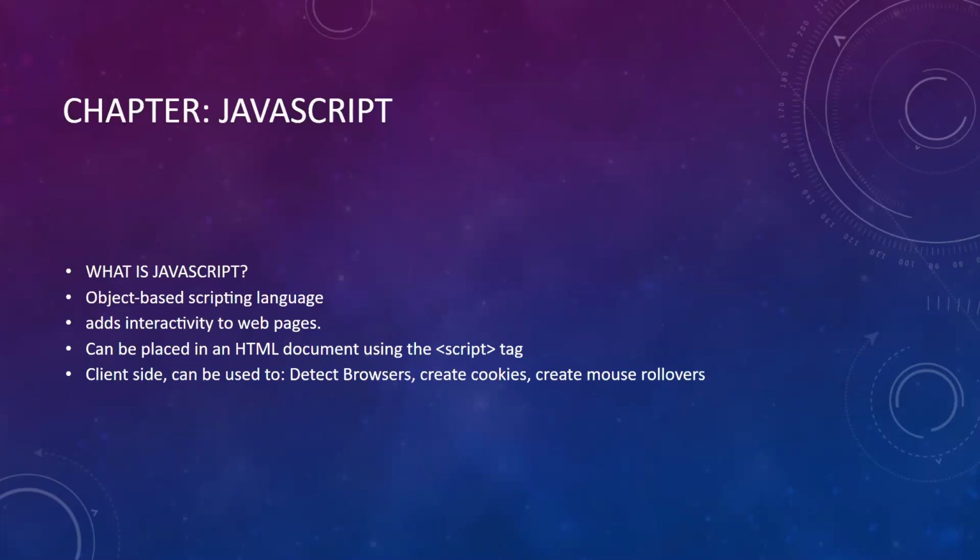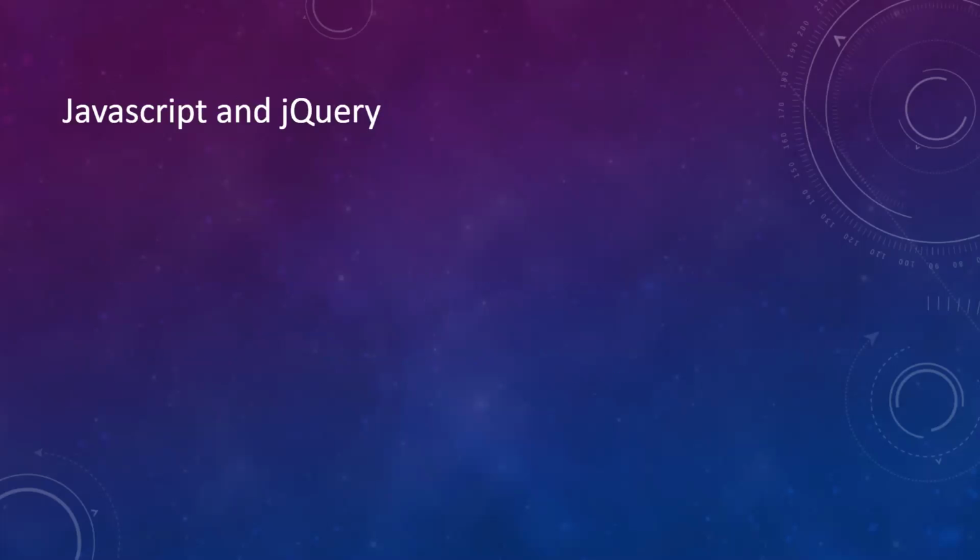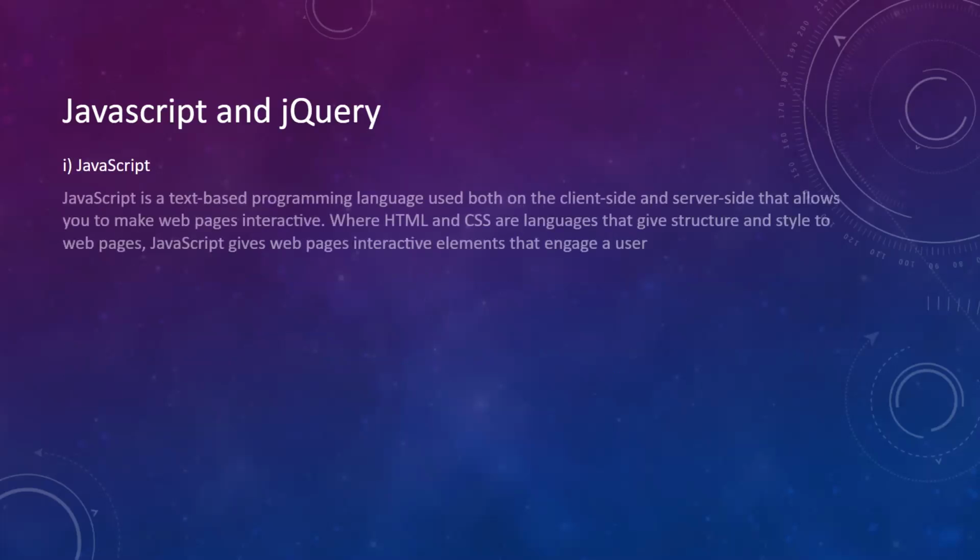So the last part of coding, which is important for you to understand, is JavaScript. What is JavaScript? Okay. What is JavaScript and what is jQuery? So here are the definitions. And what is jQuery?